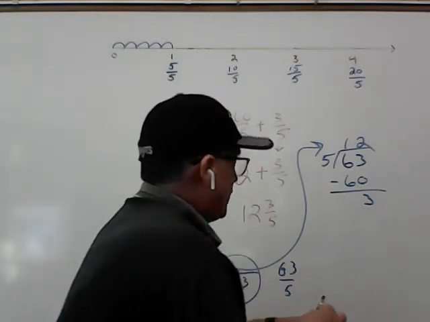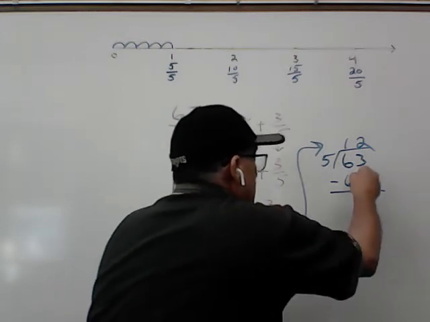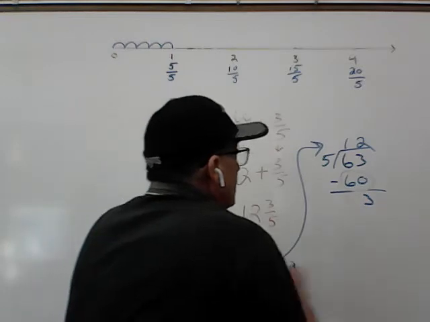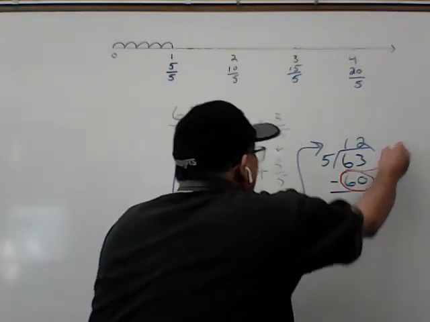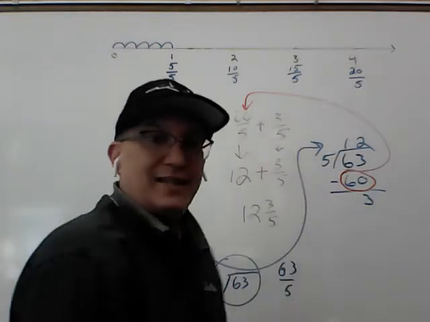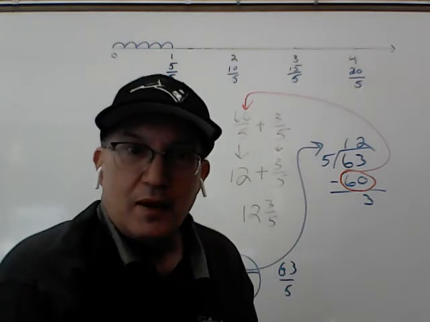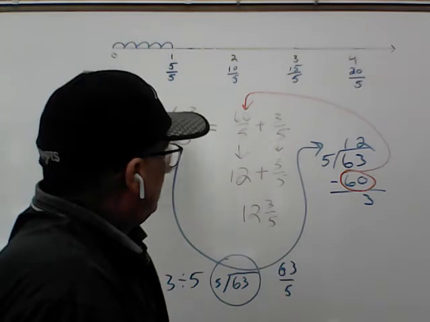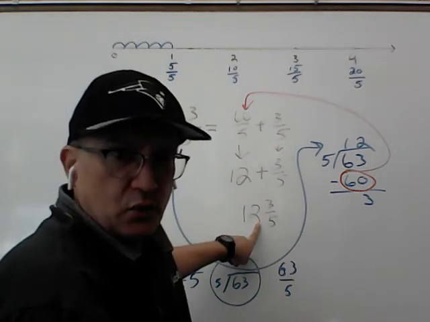Okay, but what I need to point out to you here is this 60 right there, that 60 is the same as the 60 up there. You see, to me, this is the best way to think about 63 fifths resulting in 12 and 3 fifths.